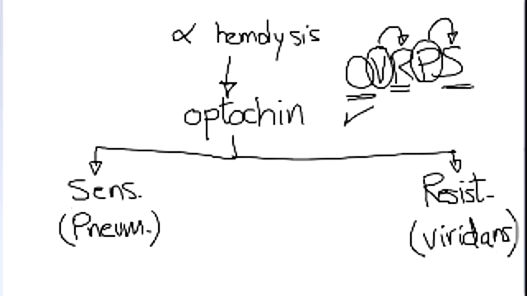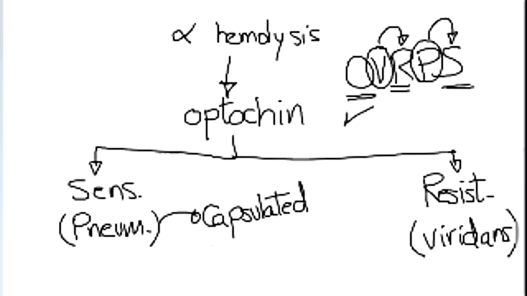To further differentiate the strep pneumoniae from the viridans, you have to know that the strep pneumoniae is capsulated. It's one of the capsulated organisms. As long as it has a capsule, it can be detected by a test called the Quellung test.